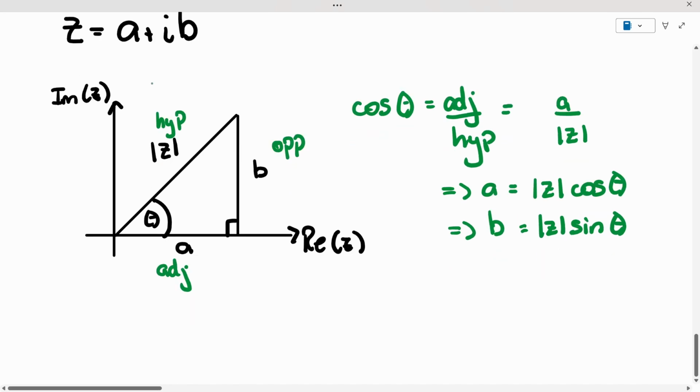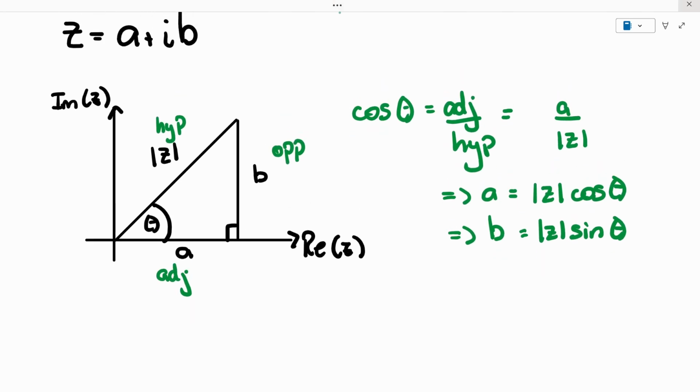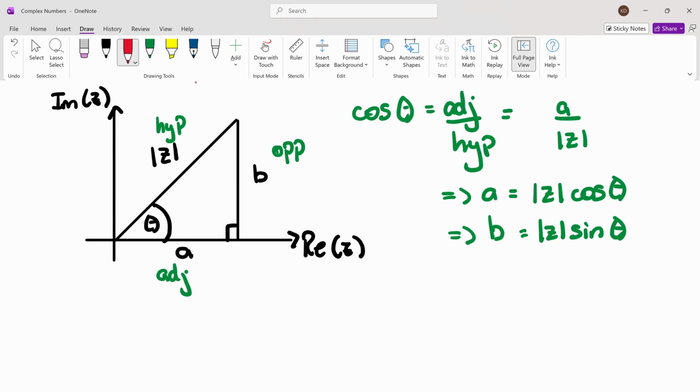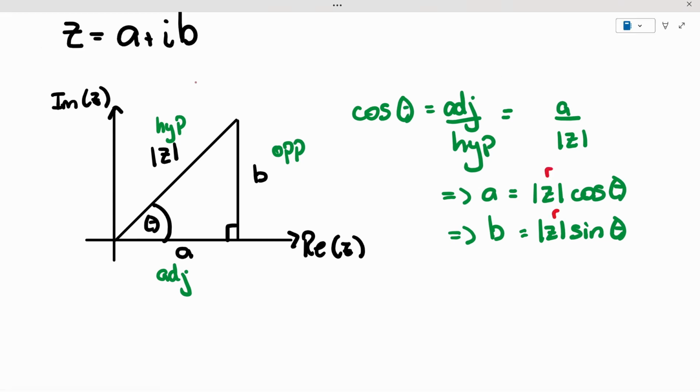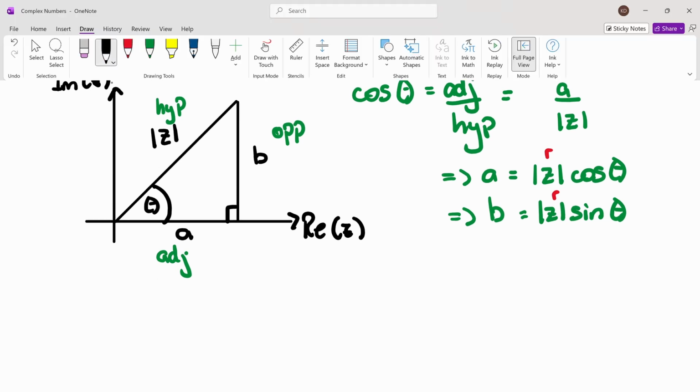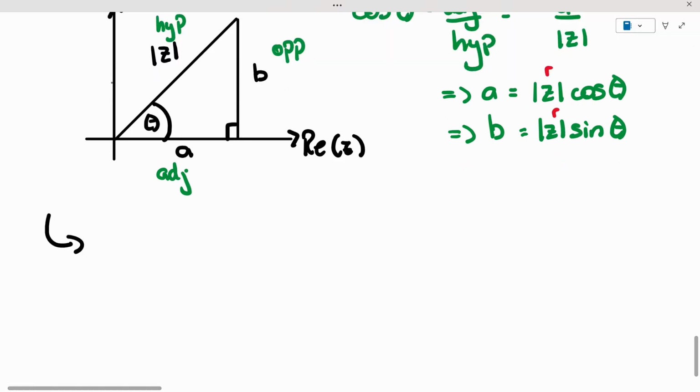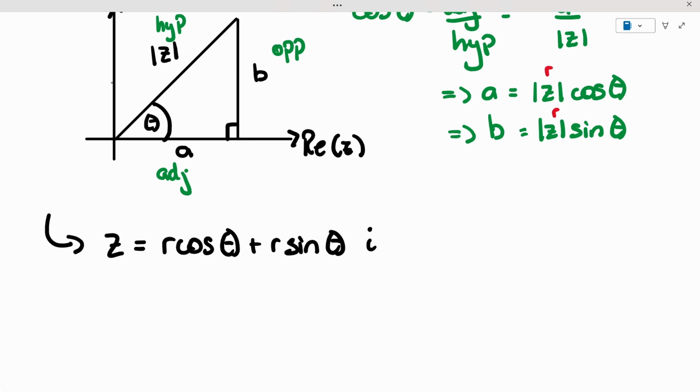So let's give this mod z a different name now. Let's call this mod z r. So we have a is r cos theta and b is r sine theta. Then this complex number z equal to a plus ib, we can now write as z is equal to a, which is r cos theta, plus b, which is r sine theta, i, right?